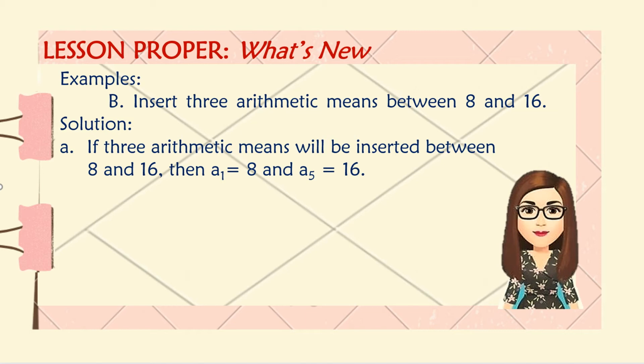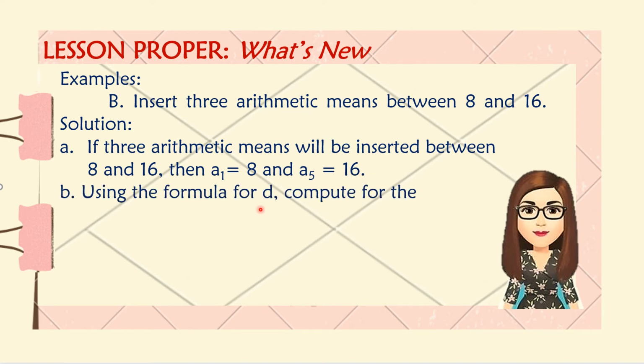Or si 16 ay A sub 5. So, remember, ang first term natin ay 8. Okay? So, kung mag-insert tayo ng tatlong arithmetic mean, so si 16 pang 5. Okay? So, that's why we have A sub 5 is equal to 16. Next.